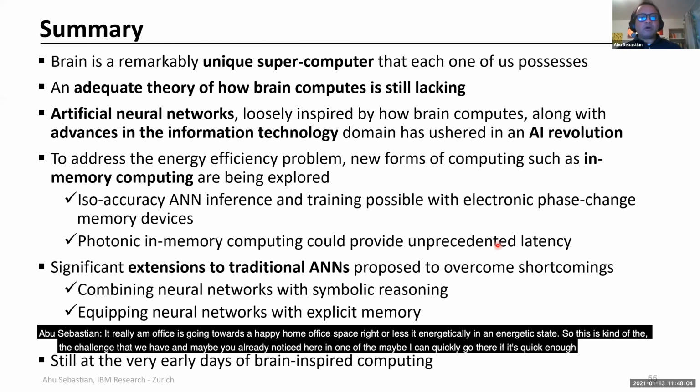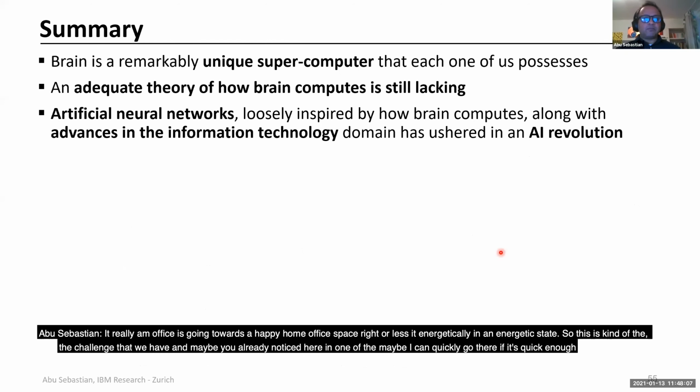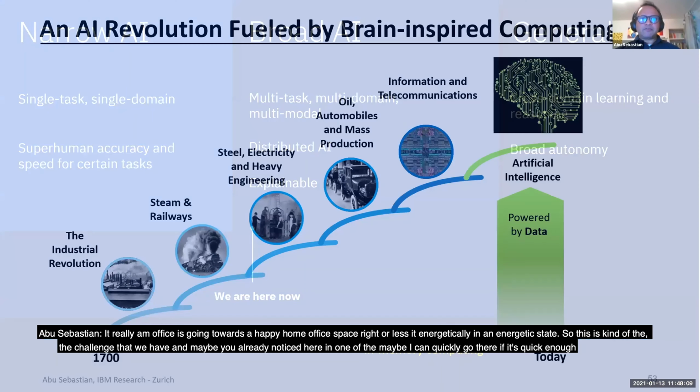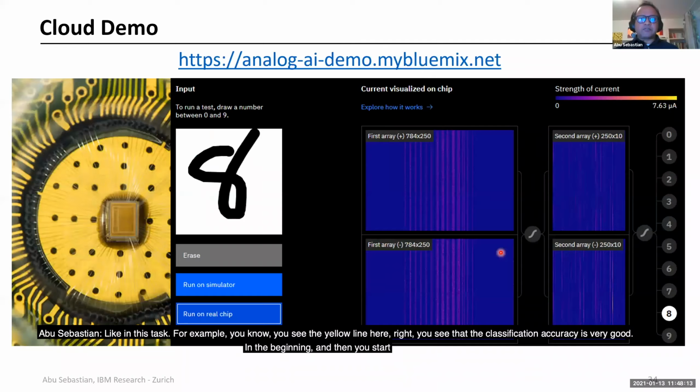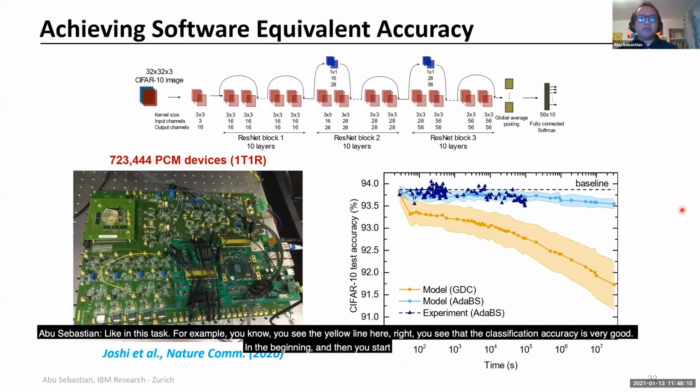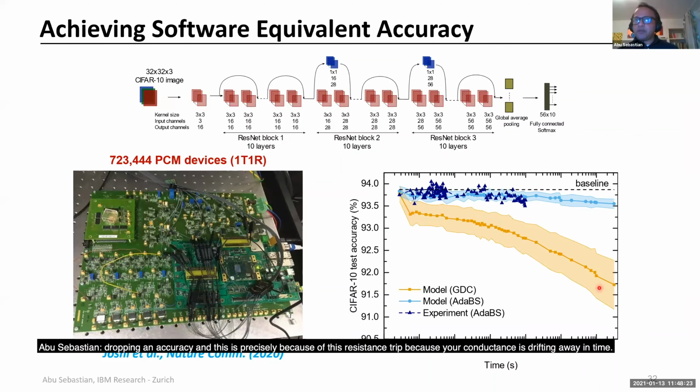And maybe you already noticed here, maybe I can quickly go there if it's quick enough. Like in this task, for example, you see this yellow line here, right? You see that the classification accuracy is very good in the beginning, and then it starts dropping.